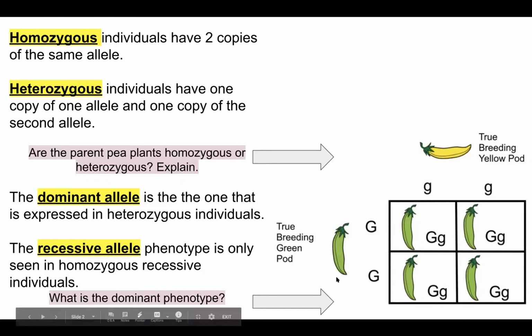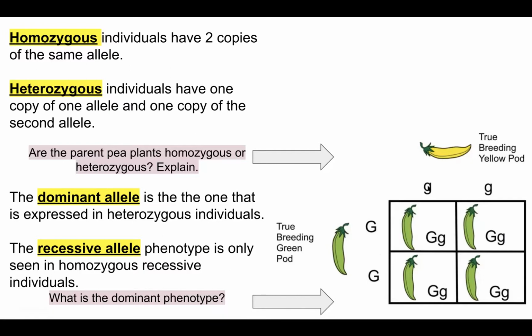Are these parents going to be heterozygous or homozygous? So let's take a look. Hopefully you guys said that these parents are both homozygous. So we know that because if we take a look at our green parent over here, this pea plant has two uppercase alleles for that green. And then this pea plant over here has two lowercase, so they're the same.